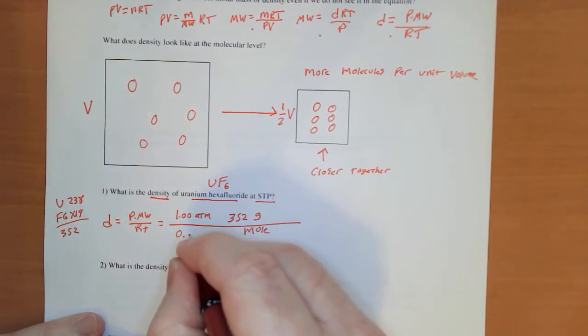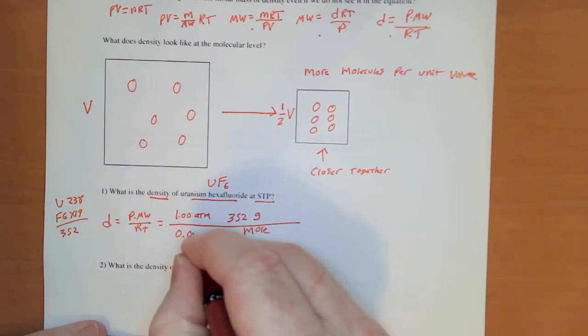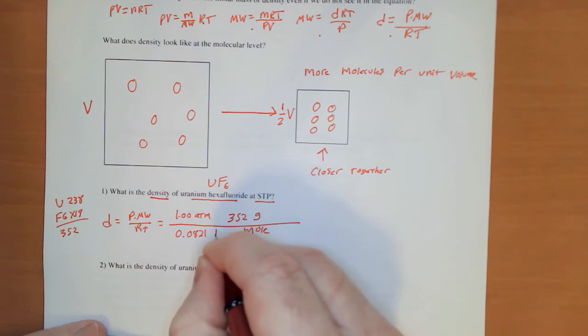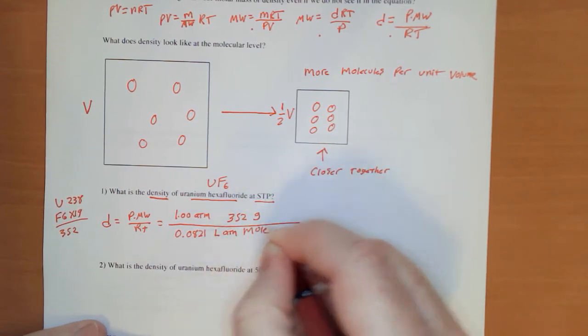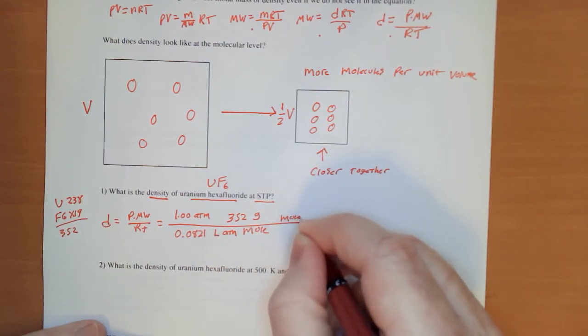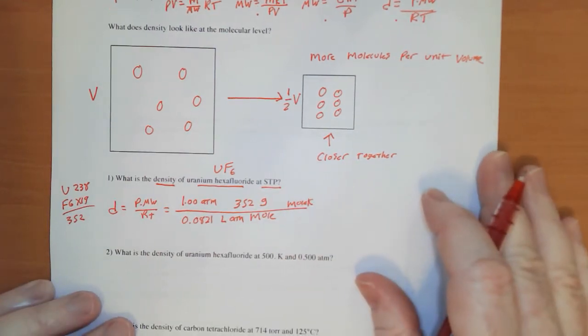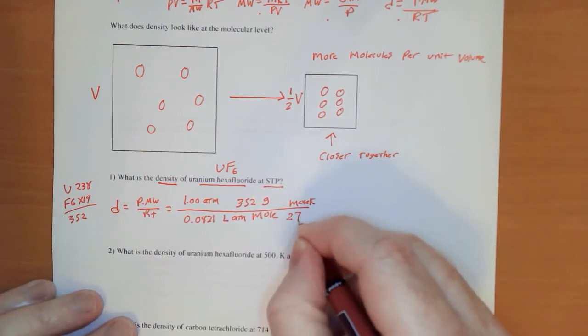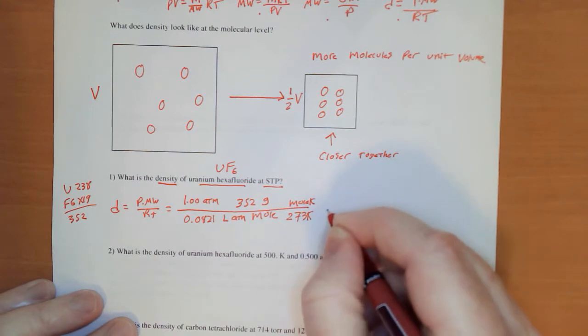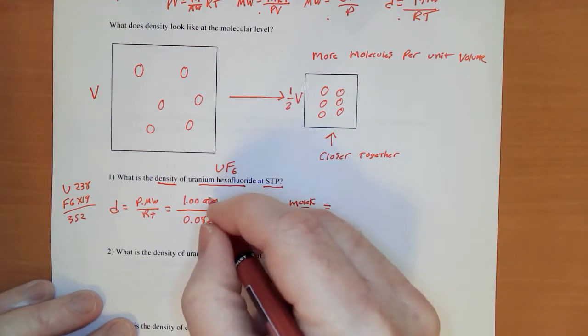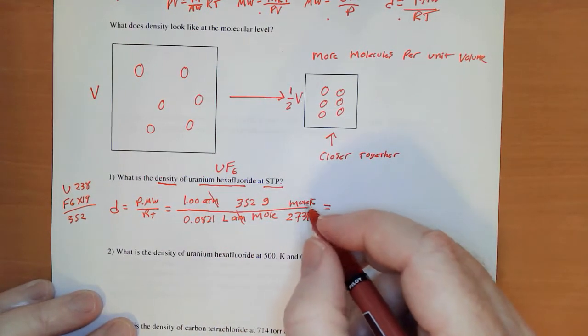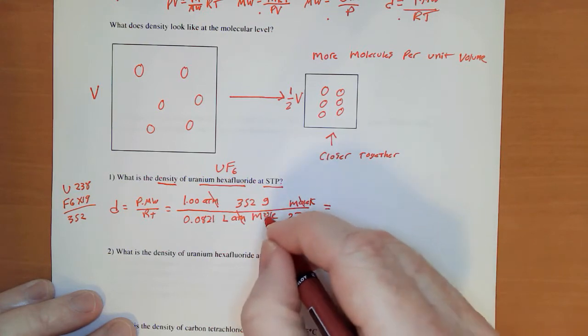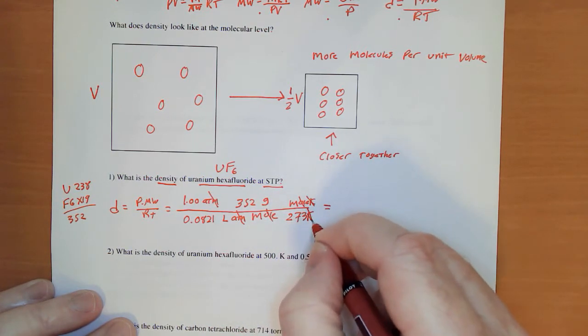R is 0.0821 liter atmosphere per mole Kelvin, and standard temperature is 273 Kelvin. Atmospheres are gone, moles are gone, and Kelvin cancels also.